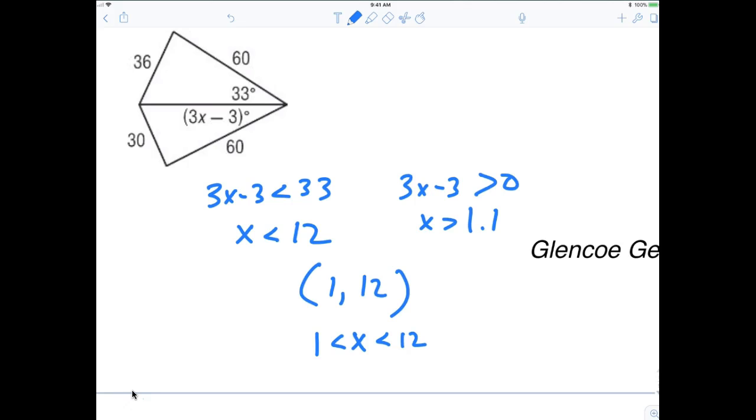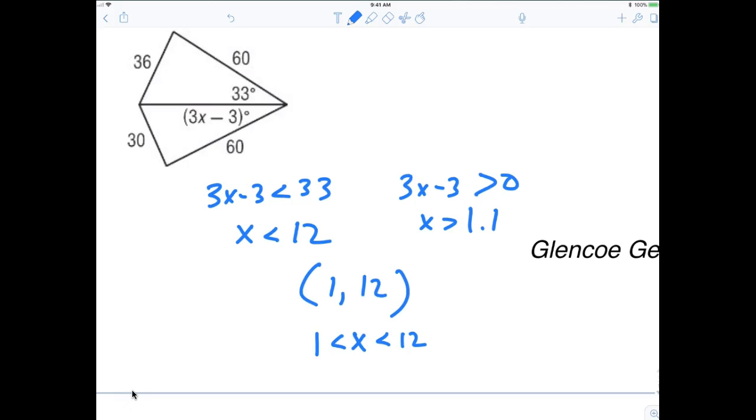Look right here, last time. If x is greater than 1, if I plug 1 in, I get 0 degrees. We don't know about 0 degrees. So that's where my mistake was earlier.